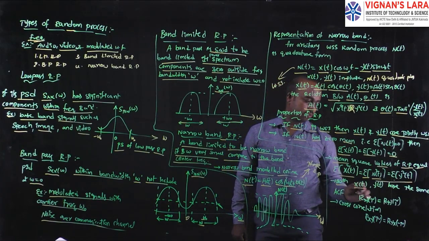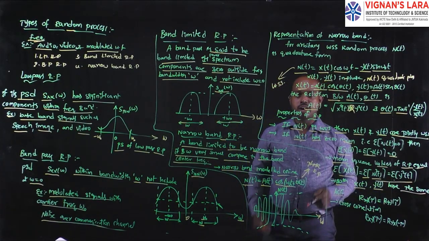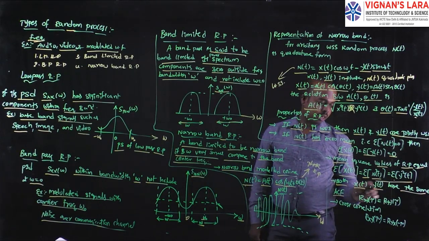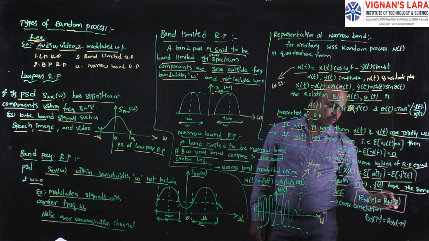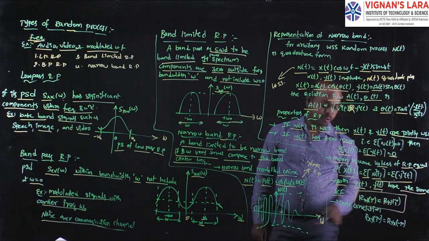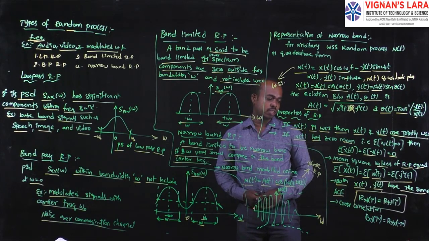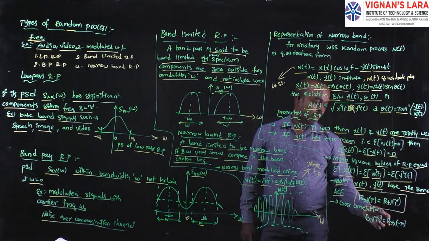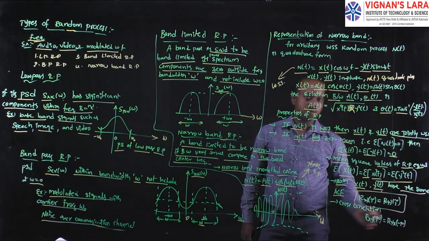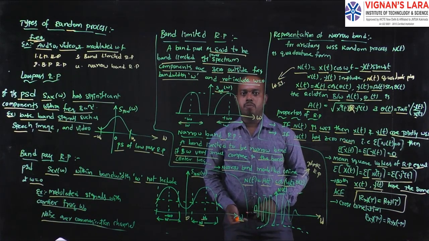Both x of t and y of t have the same autocorrelation function, that is rxx of tau is equal to ryy of tau. Considering the cross correlation function, rxy of tau is equal to ryx of minus tau. These are the properties of the narrowband random process.